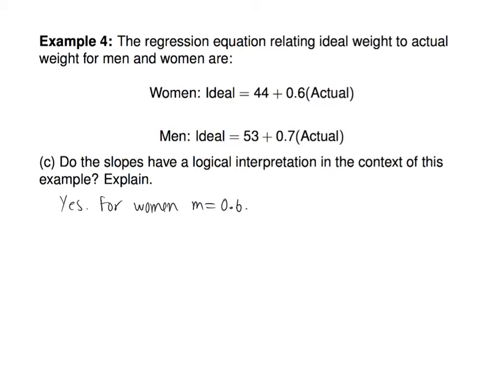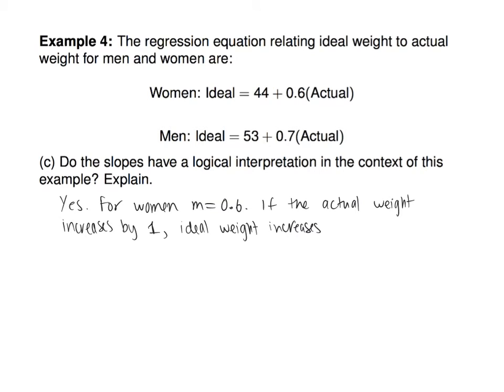And this means that if the actual weight increases by 1, the ideal weight increases by 0.6 pounds. The interpretation is almost the exact same for the guys, except it's going to be 0.7 pounds.